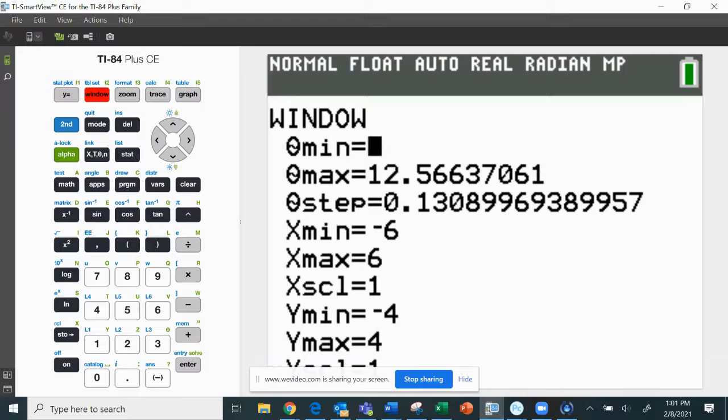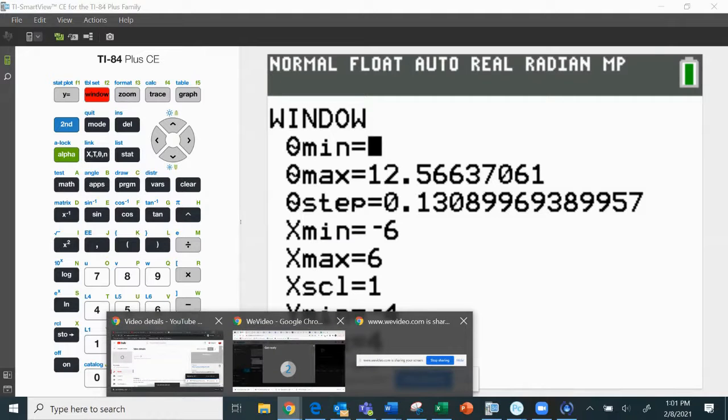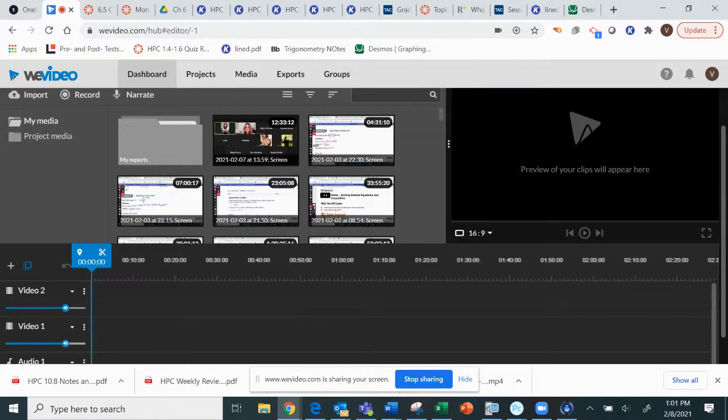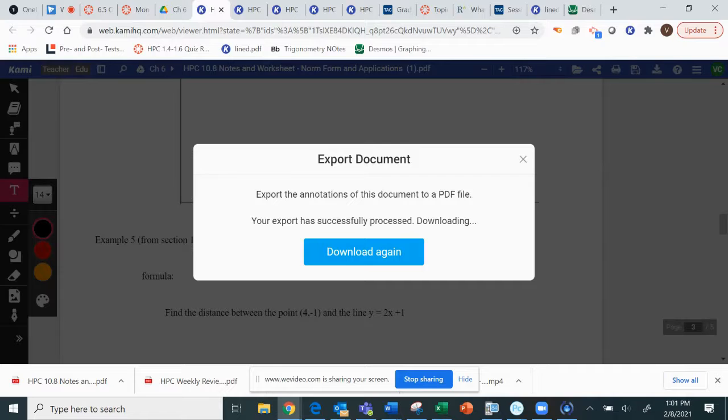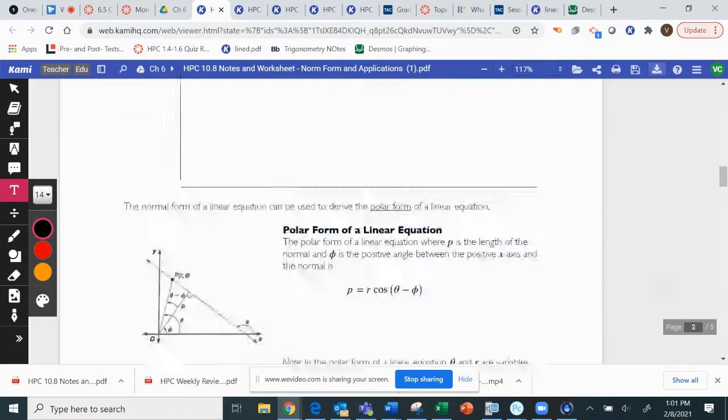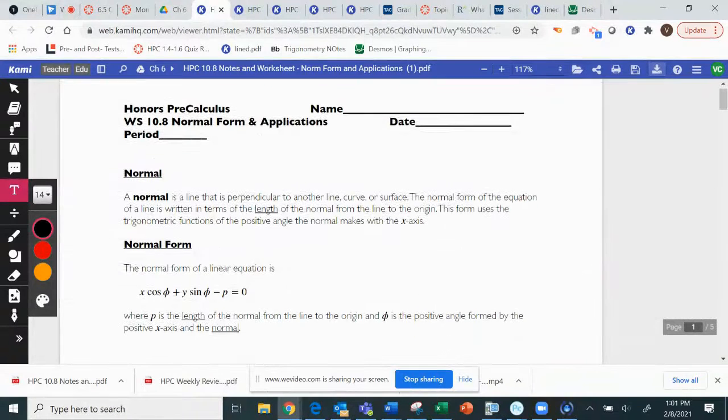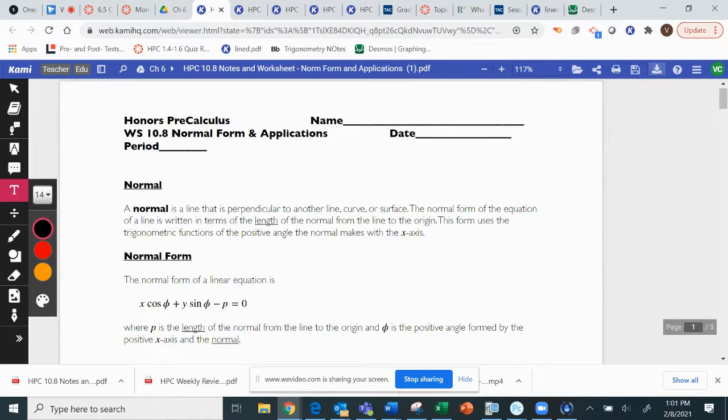Okay. Today's notes are the rest of 10.8. And this is something that's not in the book. It's called normal form and applications. And it's put into this section because it's going to look a lot like the stuff that we've been doing for a long time in here.